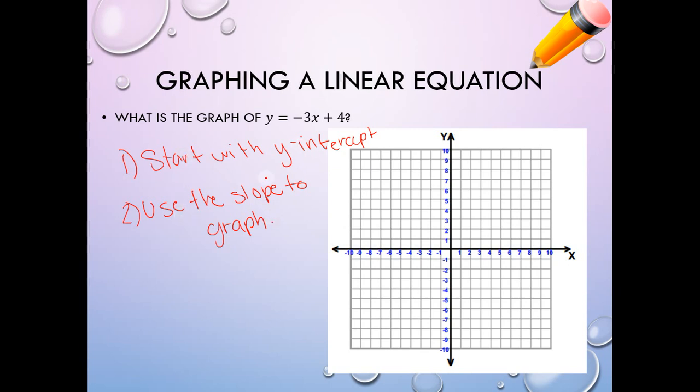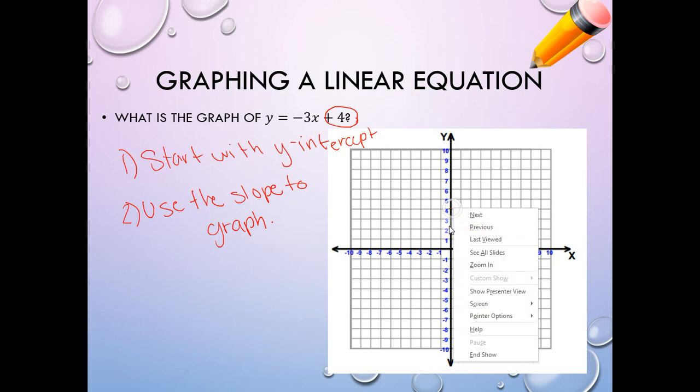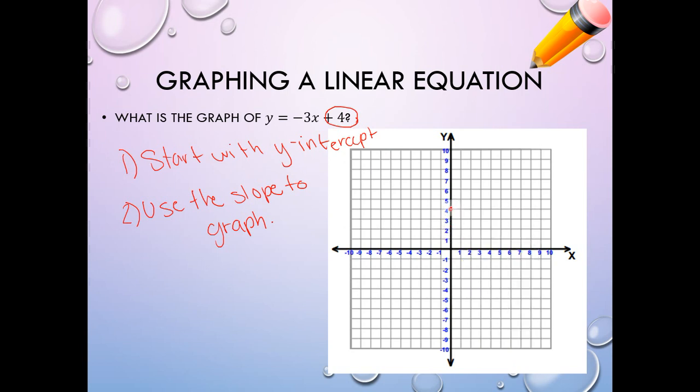So, first of all, let's start with my y-intercept. My y-intercept is the number alone, which is 4. So my y-intercept is at 4. So I'm going to put a dot right there at 4. Now, my slope is -3. So I'm going to go, if I change that into a fraction, it should be -3 over 1.